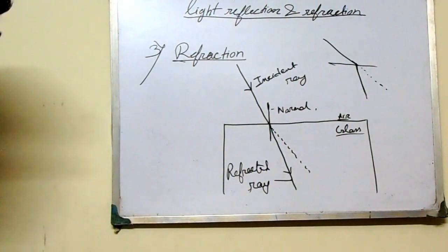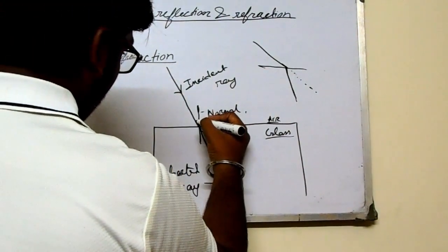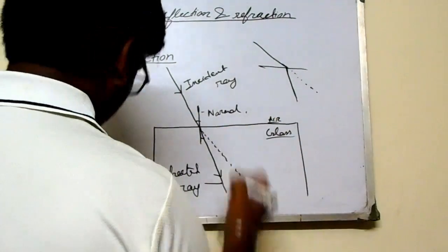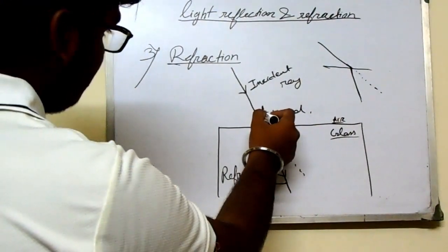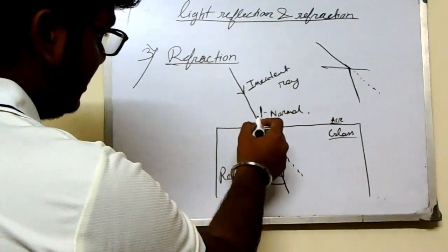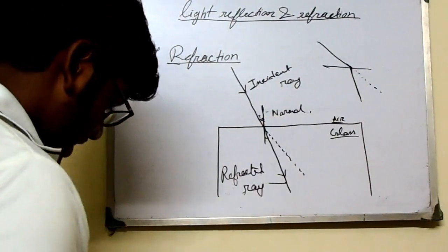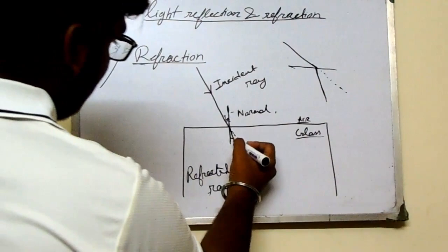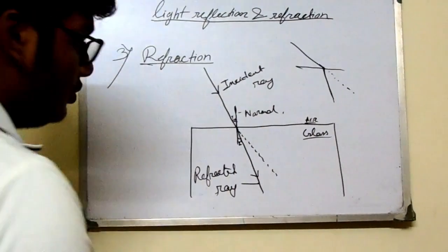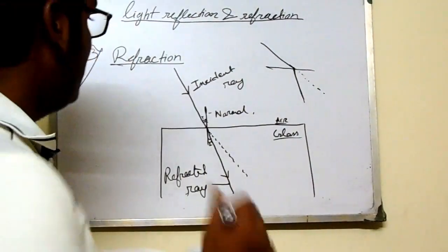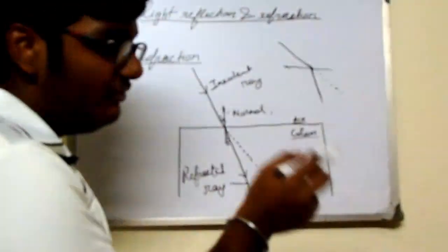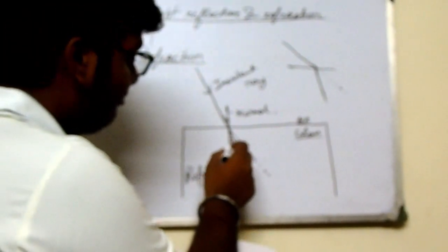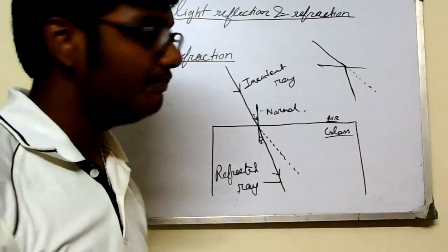This is the angle of incidence, and this one is known as the angle of refraction, not angle of reflection. The angle formed by the normal and the refracted ray is known as the angle of refraction. Okay.